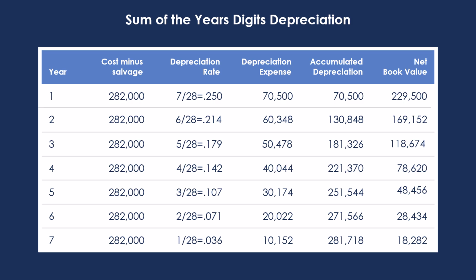Net book value is $229,500. In year 2, depreciation is $282,000 times 6 over 28. That equals $64,284. In year 7, we use 1 over 28, or 0.036. This method is front-loaded, more depreciation early on, less in later years.